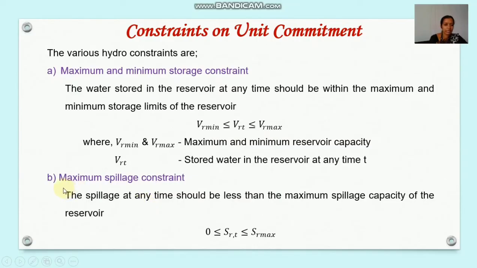Now the second constraint is the maximum spillage constraint. So you know what spillage in a hydroelectric power plant is. If the stored water in the reservoir increases beyond the maximum capacity of the reservoir, the additional water can be allowed to move out from the reservoir through spillways, right?